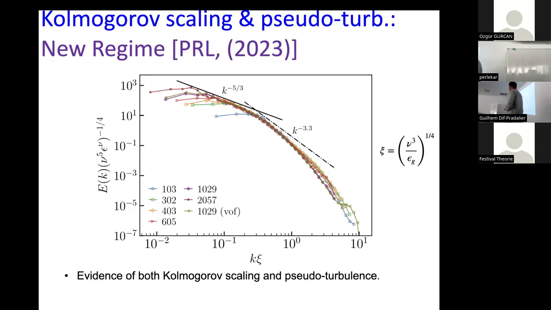Because we can't do a massive simulation, what we did was take all our data, put it together, and do a standard turbulence scaling. On the vertical axis is the suitably scaled energy spectrum, and on the horizontal axis is k eta, and all the data collapses somewhat onto a master curve. The places where these curves go off from the 5/3 roughly correspond to the bubble diameter of each of the runs.